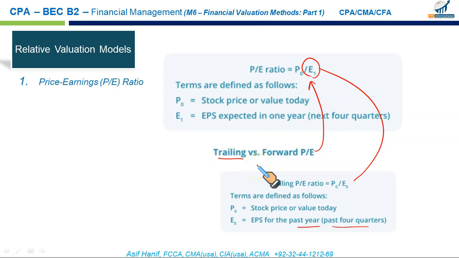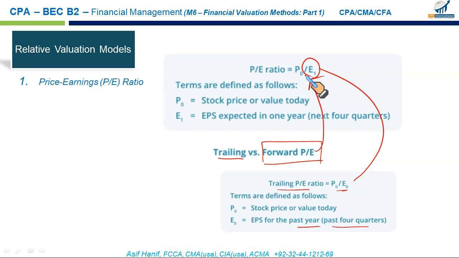If you ask me which is more suitable for valuation purposes, of course forward PE, that's futuristic. Trailing is based upon the past numbers which may not be representative of the future. So remember, if you are using the current year's earning, it's going to be trailing PE ratio, and expected earning per share will give you the forward price earning ratio. So we can use this model to value.